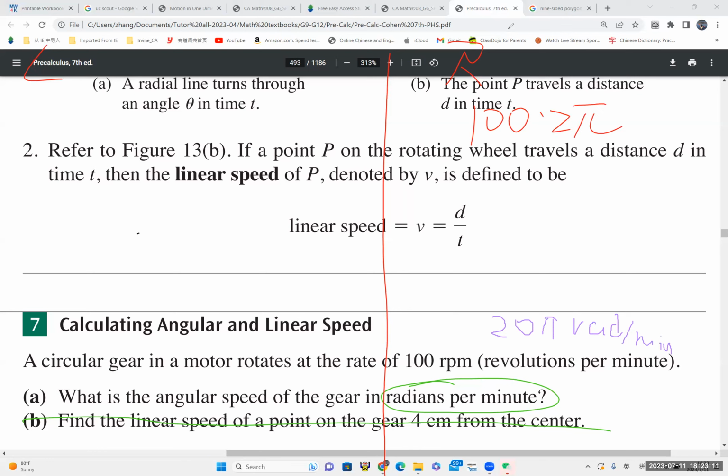So you get 20 pi? Suppose it's 200 pi, right? Oh yeah, I made a mistake. Okay, so let's pass this.